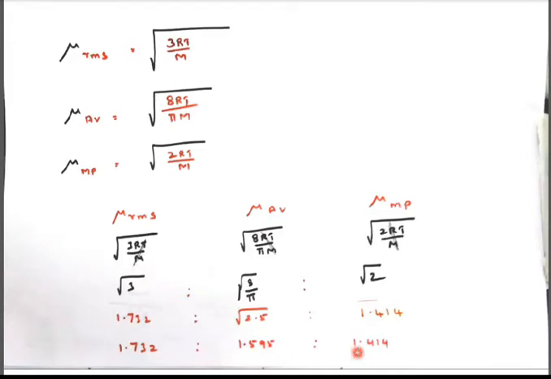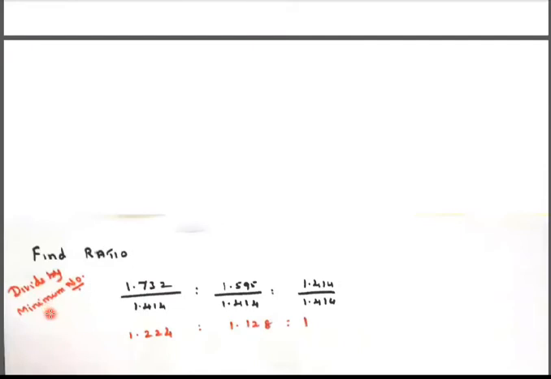In order to find the relation between all three, we find the ratio by dividing by the smallest number. So 1.732 divided by 1.414, 1.595 divided by 1.414, and 1.414 divided by 1.414.